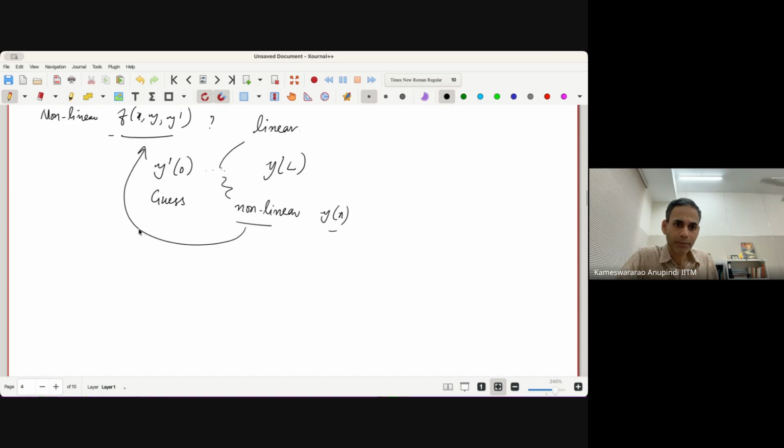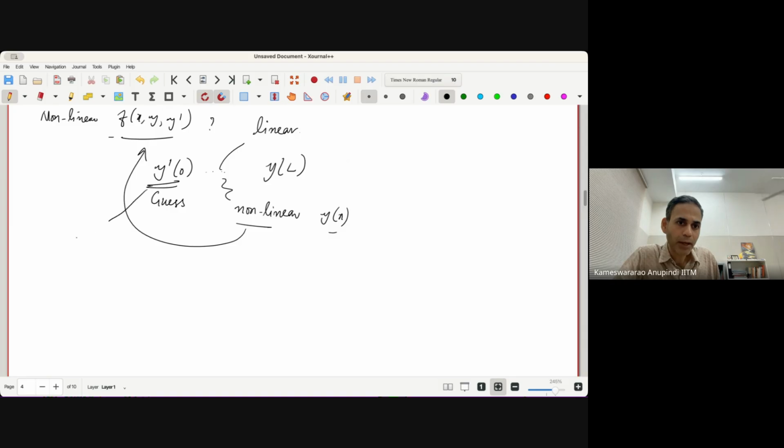That means I'm going to think about y prime 0 as my independent quantity, because I'm going to guess y prime 0. We are given y at 0 as a boundary condition. The other condition is given as y of L. But we're going to make a guess for y prime 0.